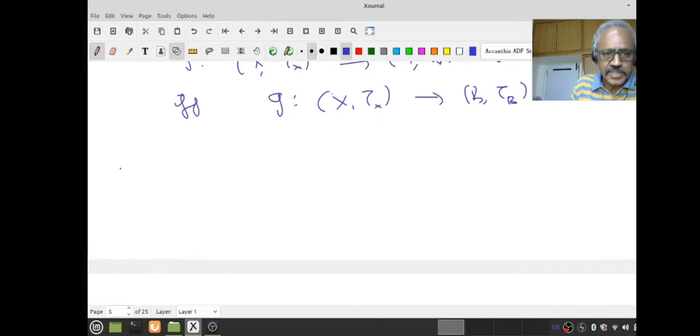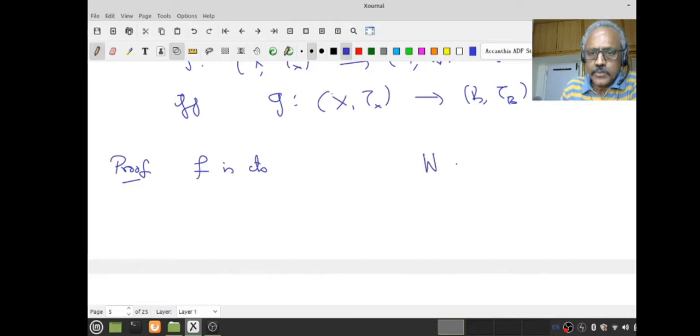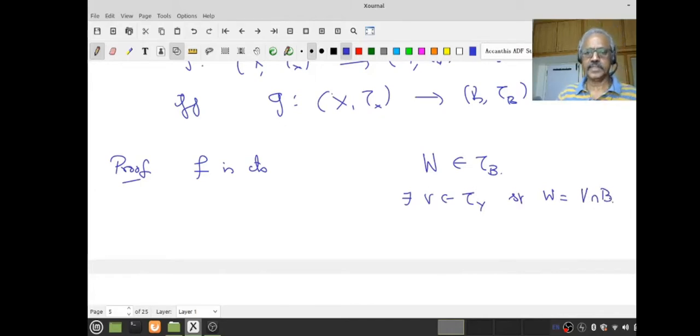Okay, the proof is easy. Let me quickly go through the proof. So let us assume f is continuous. So I have to prove g is continuous. So let W be in tau B. If W is in tau B, that means there exists a V in tau Y so that W is V intersection B. Is that clear?